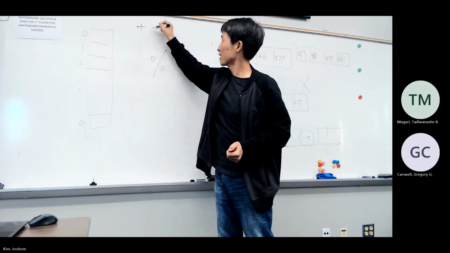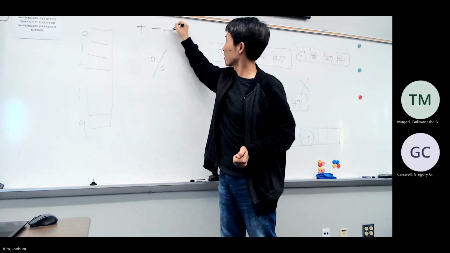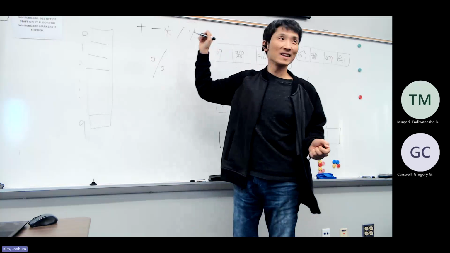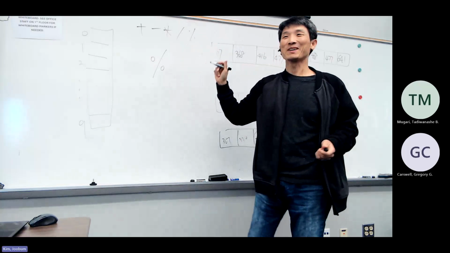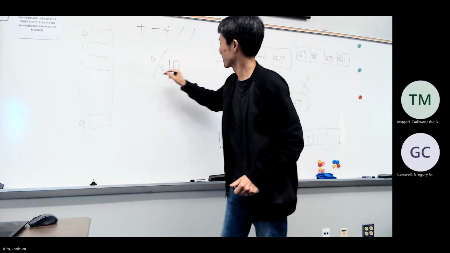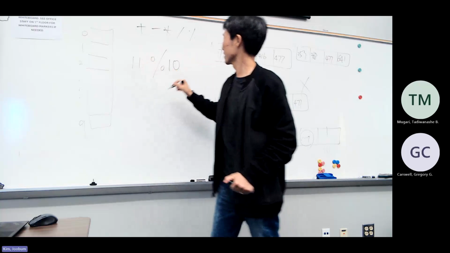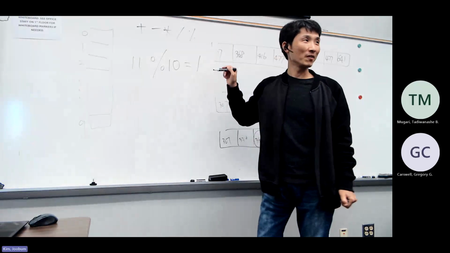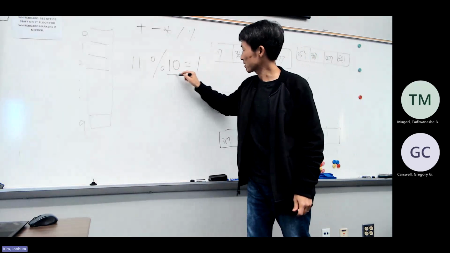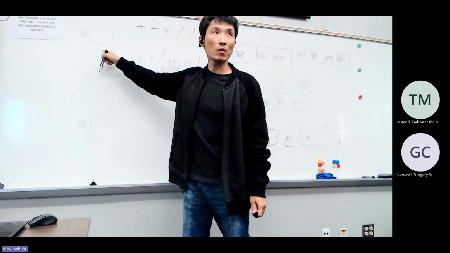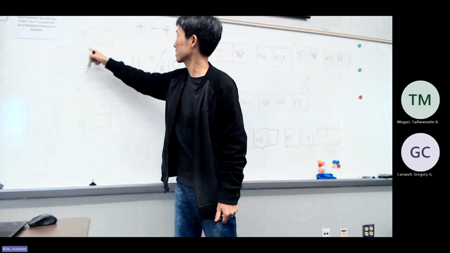Addition, subtraction, multiplication, division. What is this? Yeah, remainder. So maybe 11. What is this? Will be 1, right? So the 11 is stored at index 1.